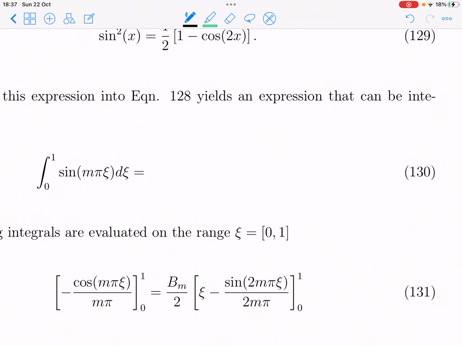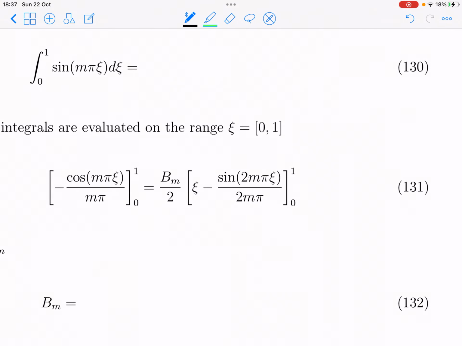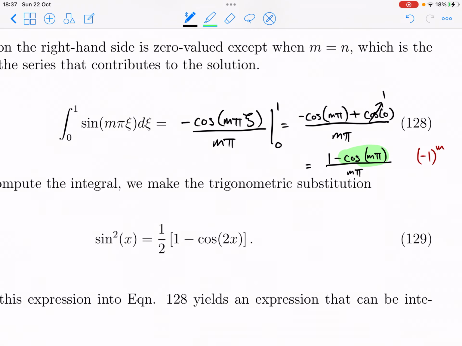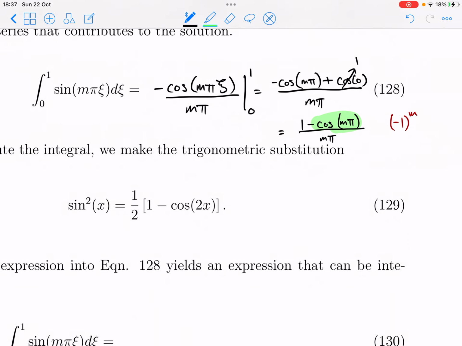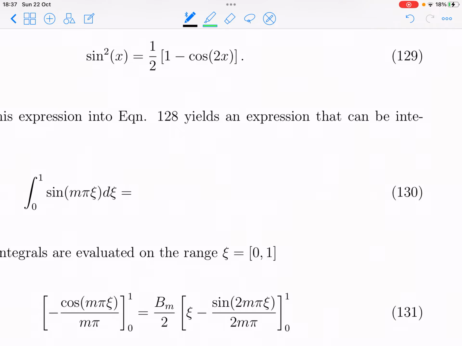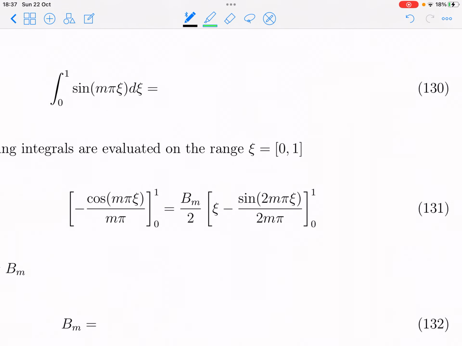We're just going to say that this side is going to equal bn times this integral, which has a value of 1/2. So bn over 2. And that's equal to the left-hand side of our equation, which we see if we come down here.